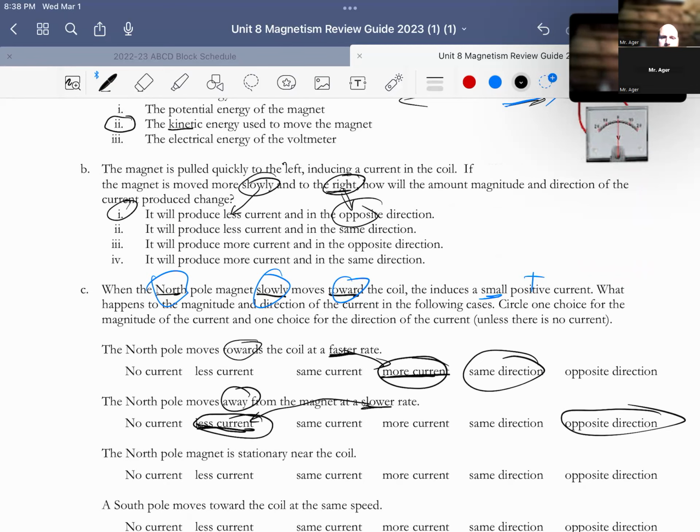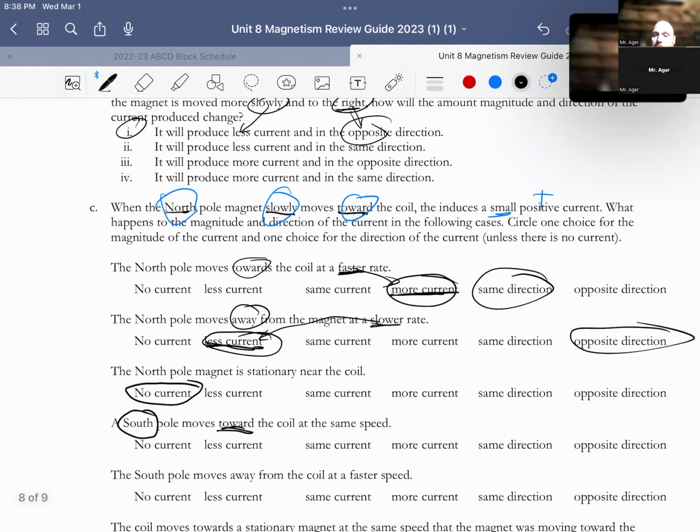North magnet is stationary, not moving. Well, if it's not moving, you don't have a change in flux. You don't have the motion needed to create that changing flux, so there is no current. And then finally, if I take a south pole, so we just switched to a south pole now, and towards, like the north pole was moving toward before.